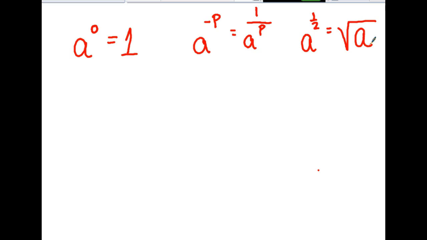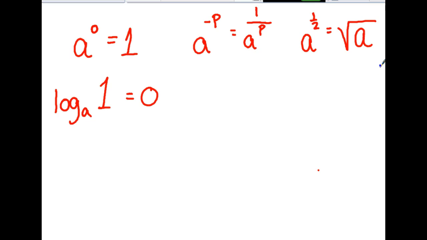Now, if we take this and make it into log form, log base A, this becomes the exponent, and this goes right here. A to the 0 power is equal to 1. It's the same rule written in log form.